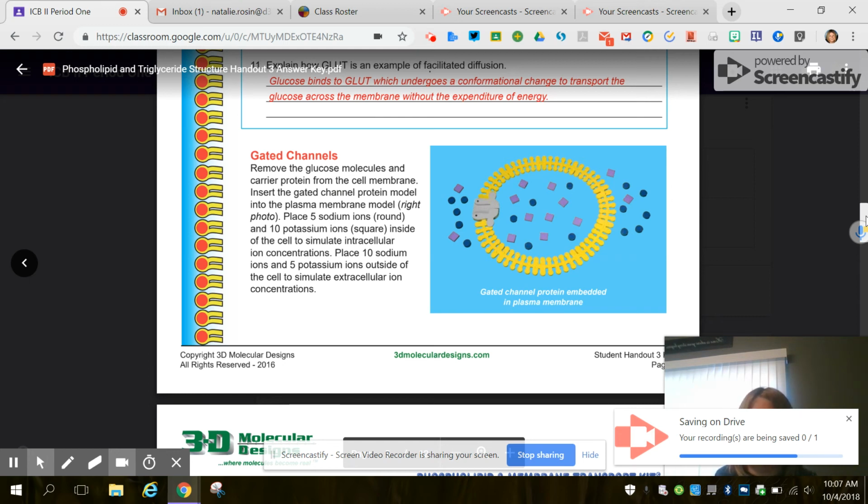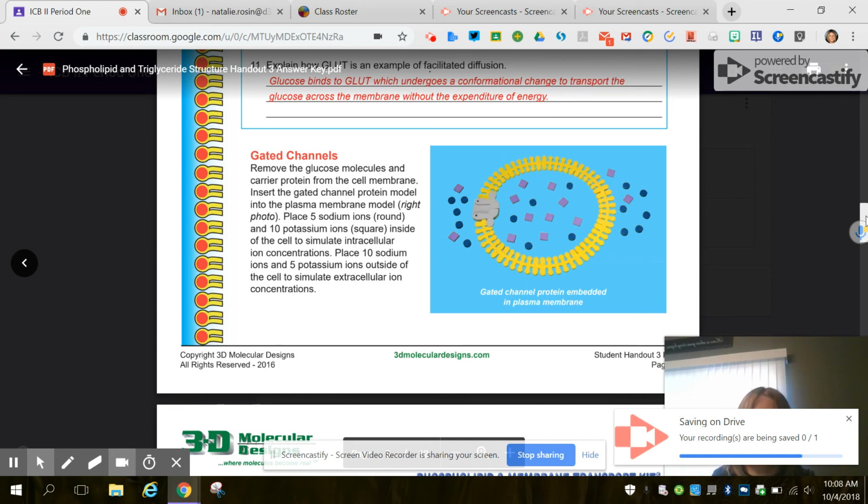The pumps are active. So if you find yourself in a scenario on the assessment where it is using the vocabulary of a gated channel, it is passive. If they are talking about a sodium potassium pump, it is active.